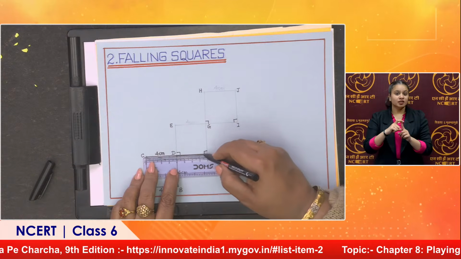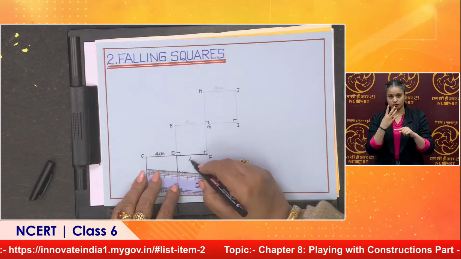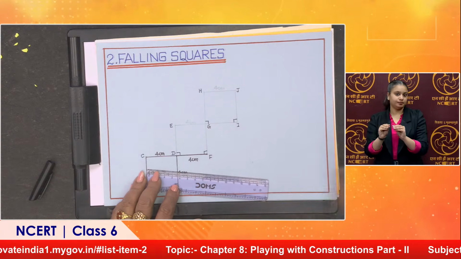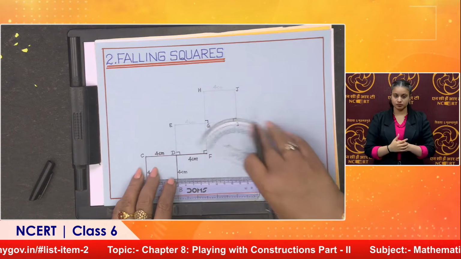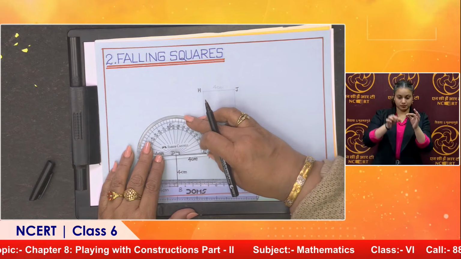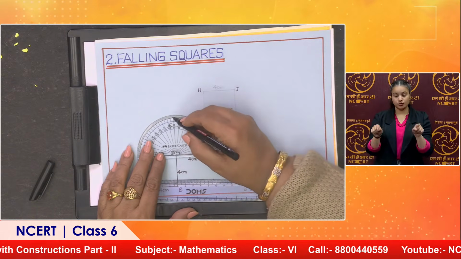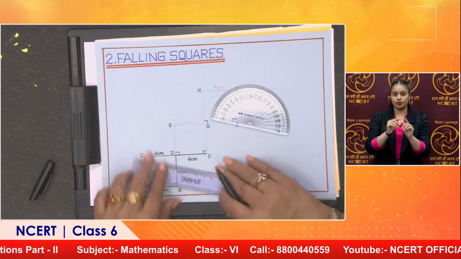So, let me take it to 8 centimeters, because 4 plus 4 is 8. So, I am taking this as 4 centimeters. Here, at D and F, I have to construct perpendiculars, because all the angles of a square have to be right angles. Okay.